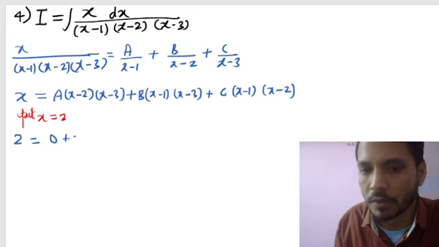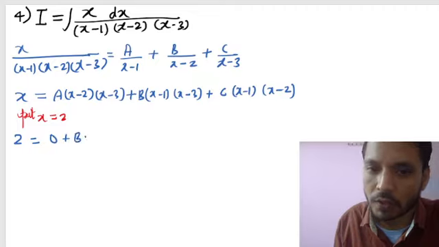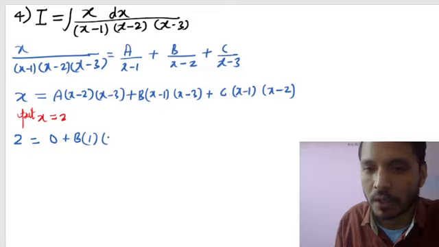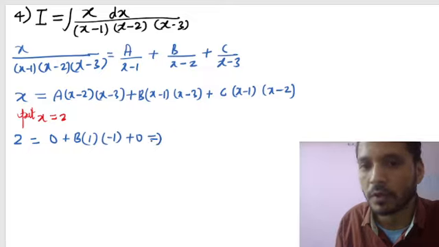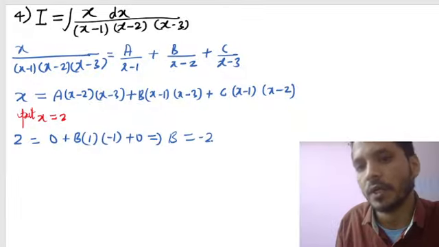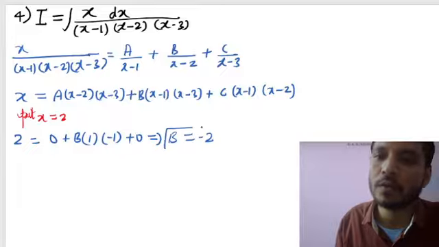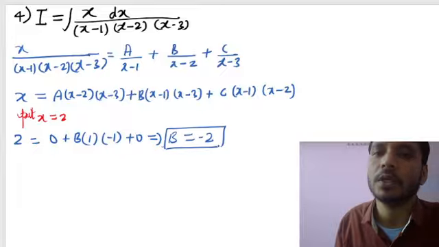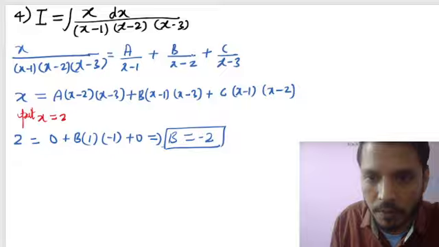Only we will have b here. So b into 2 minus 1, 1, and 2 minus 3, so minus 1, and this part is 0. C is 0, that means from here b is equal to minus 2. B equal to, we are getting minus 2.